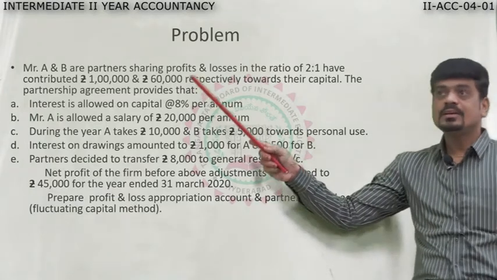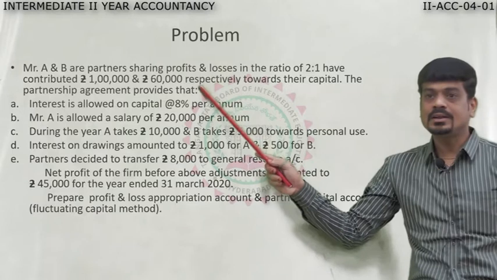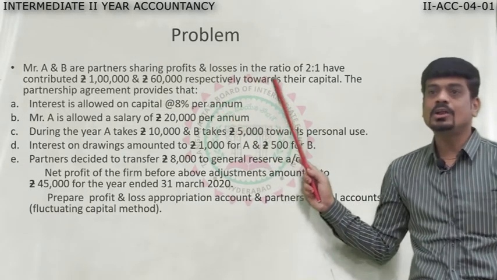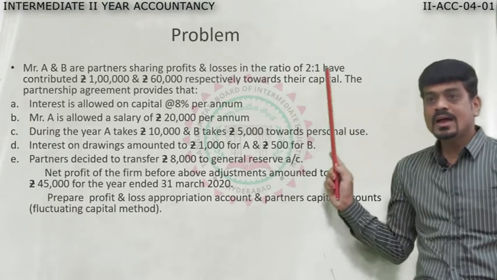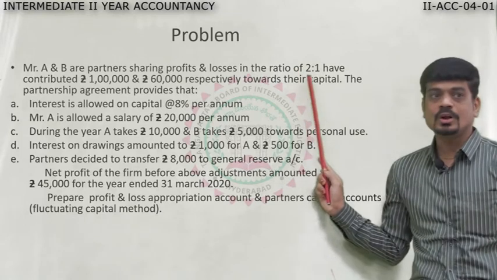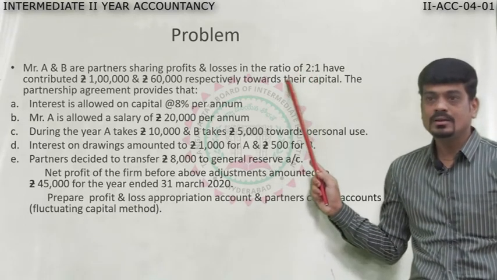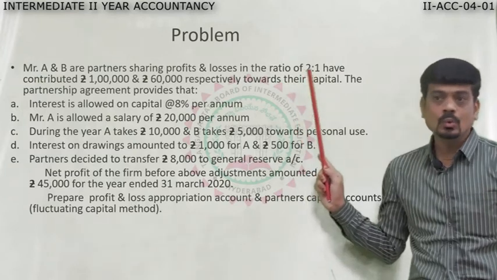They say that A and B are partners, sharing profits and losses in the ratio of 2:1. They have agreed to share in 2:1. If this ratio was not given, we would take it as 1:1.